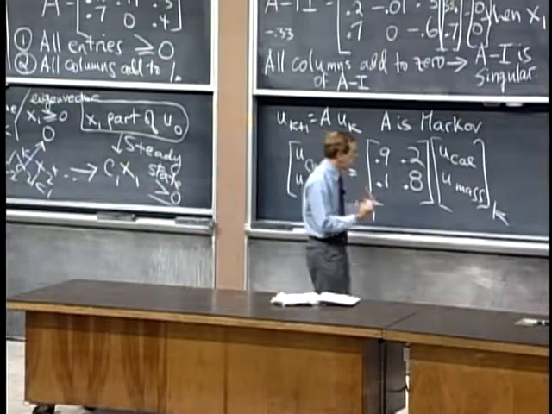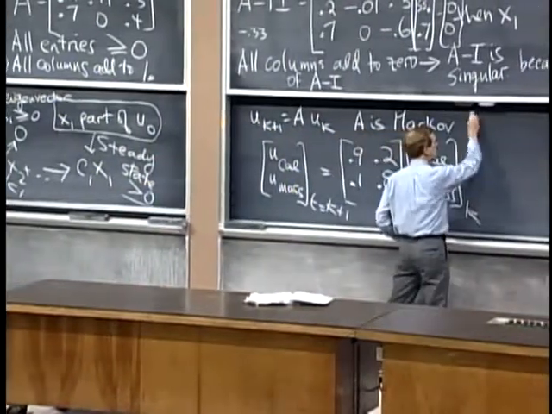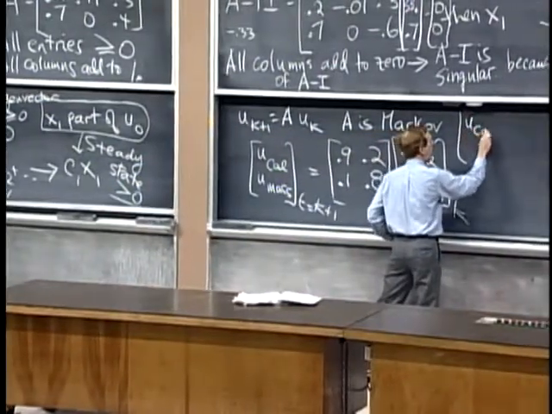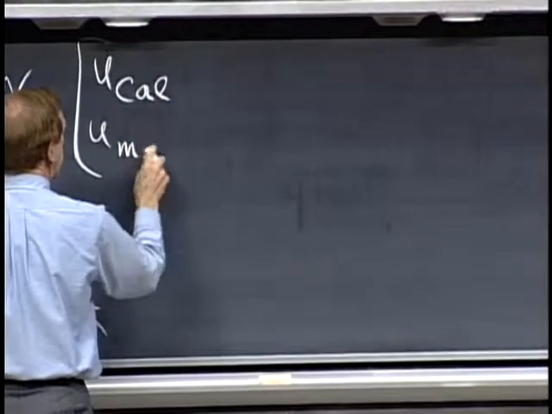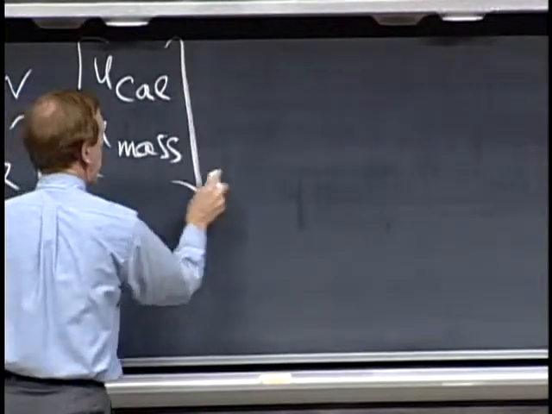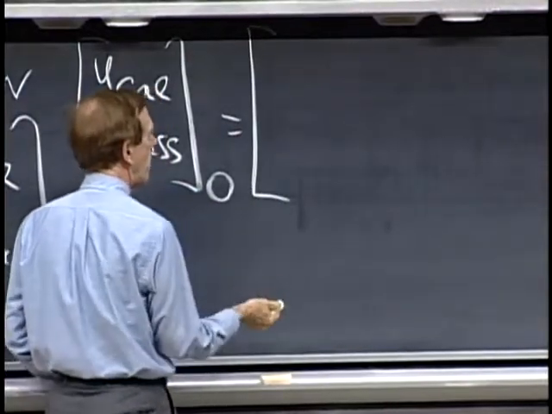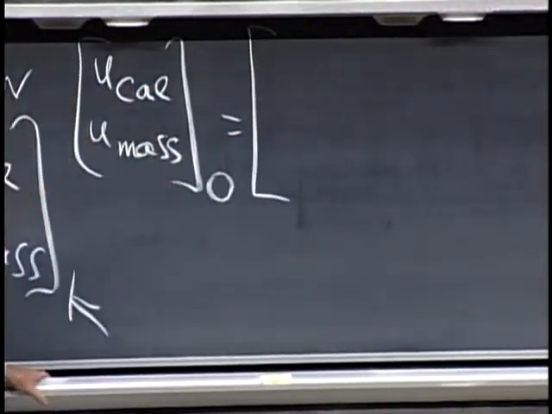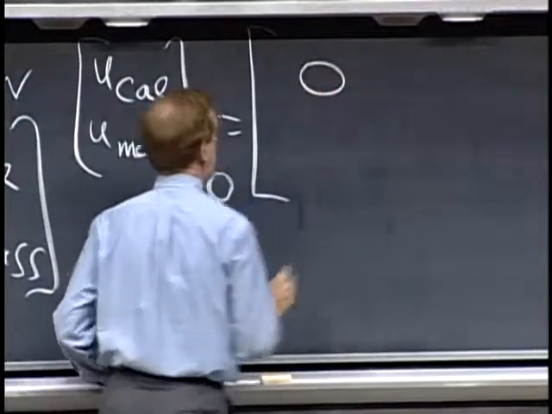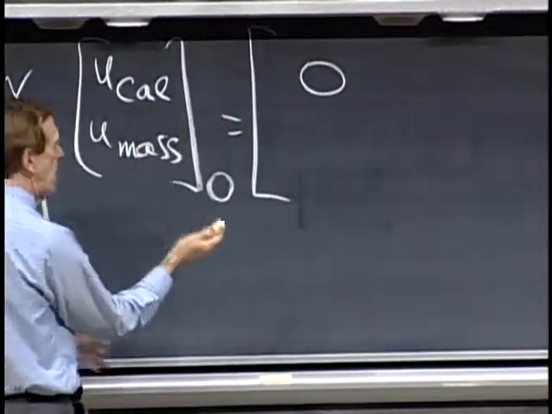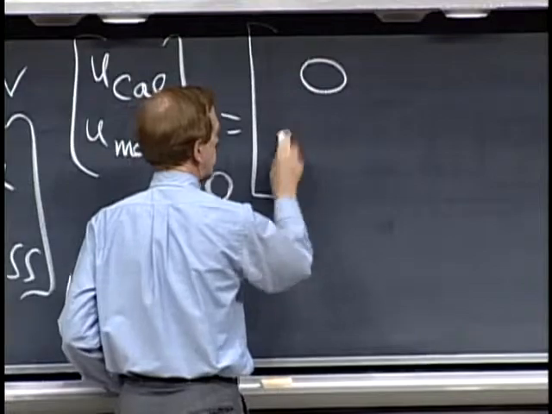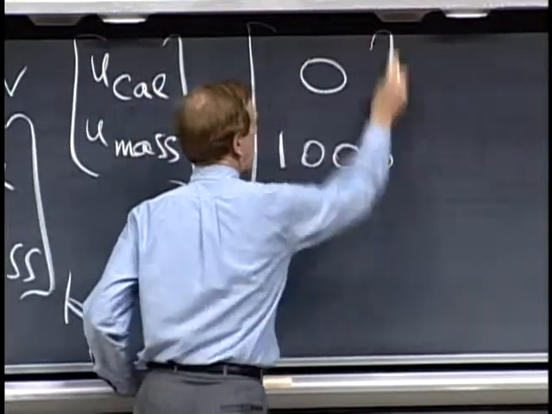So what's my starting U Cal, U Mass at time 0? Shall we put anybody in California? Let's make 0 there. And say the population of Massachusetts is, let's say, 1,000.